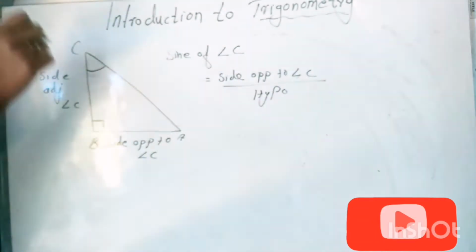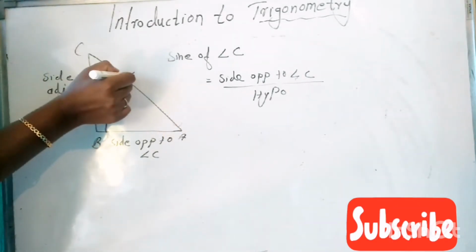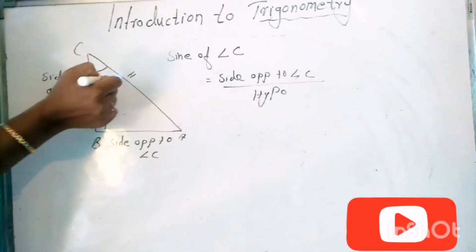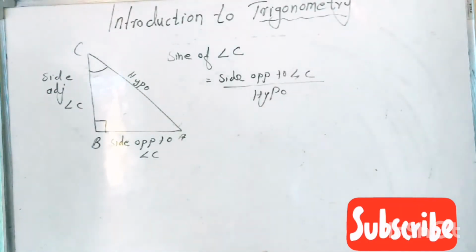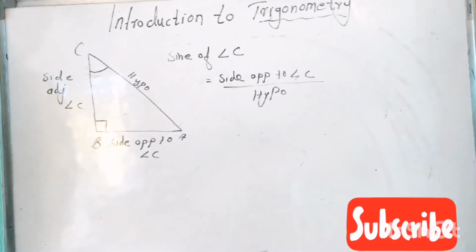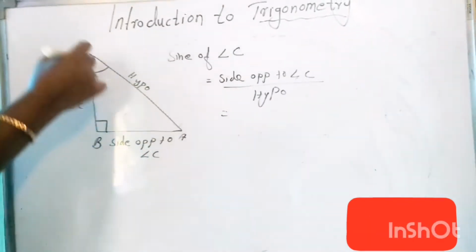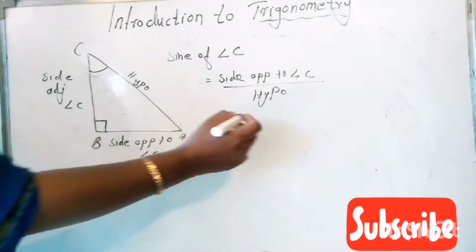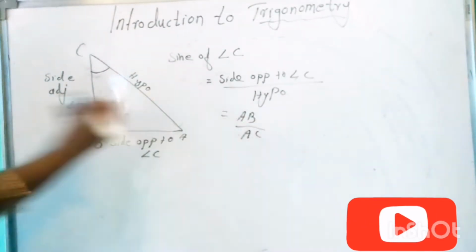Since it is a right triangle, this AC is the hypotenuse. Side opposite to angle C is AB, divided by hypotenuse AC.